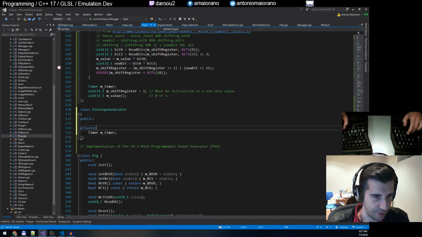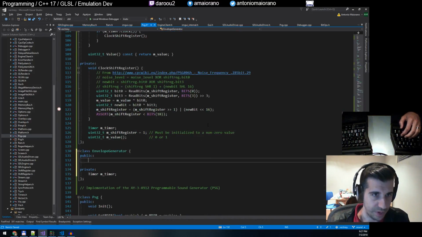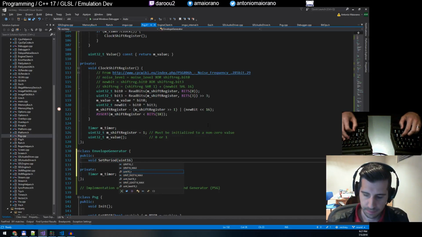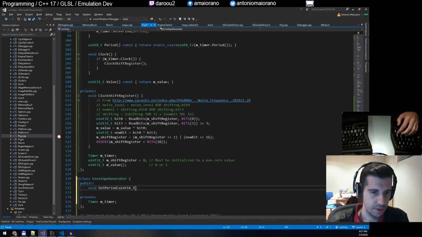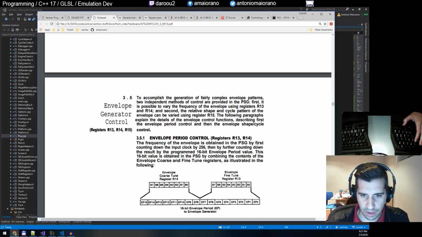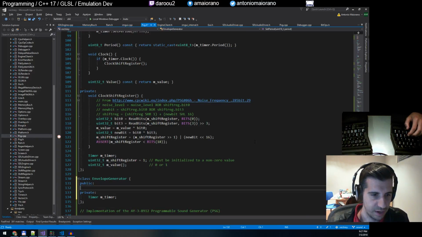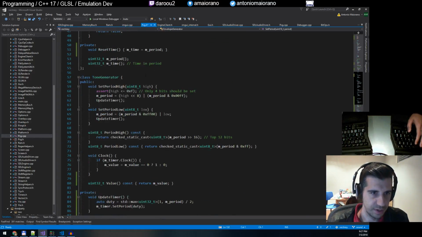We'll have a timer in there. We'll have a way to set the period. In fact, I'm going to have to do similar, not like this. I'll have to do set period low, set period high. Very similar to what I did over here.